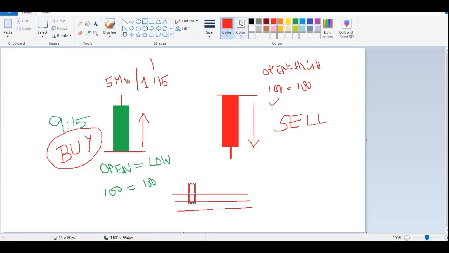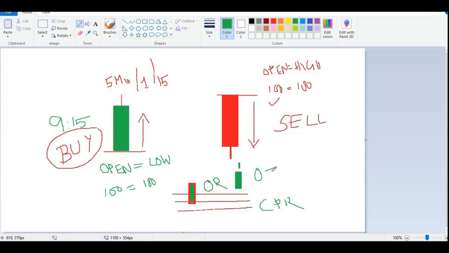If the stock opens inside CPR, or opens above CPR, and this is open is equal to low, there are no wicks on the downside.